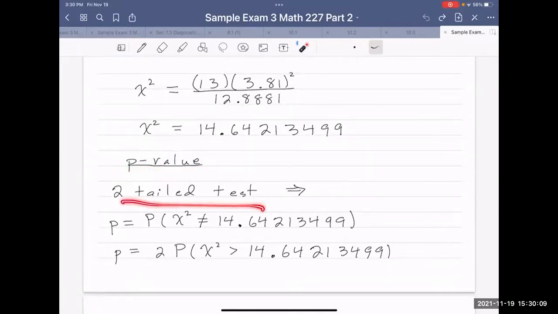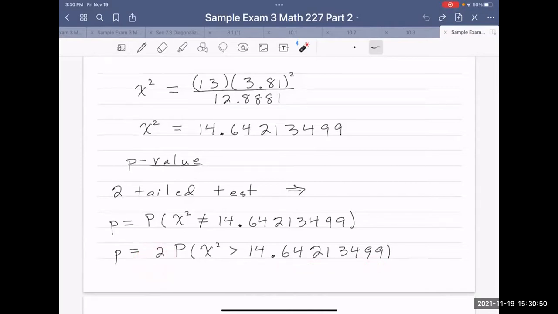So let's calculate my p-value. Well, this is for a two-tailed test. And so the p-value is the probability that chi-squared is not equal to 14.64213499. To do this for a two-tailed test, I'll figure out the probability that chi-squared is greater than 14.64213499, in the right tail, and then I'll double it.